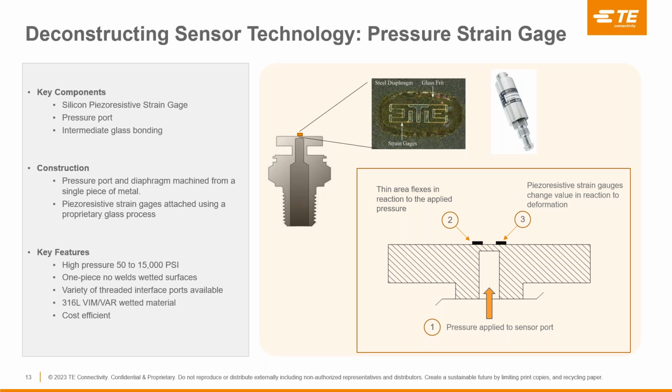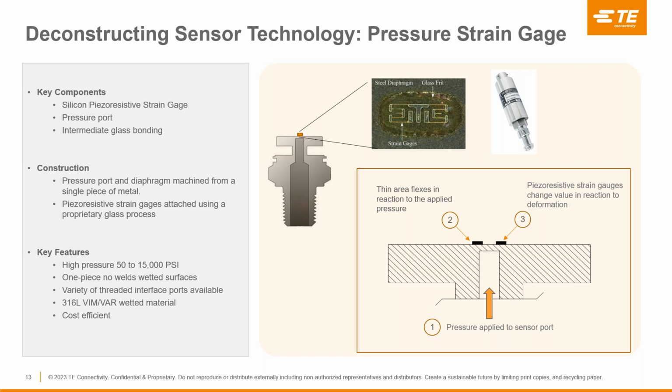The key components to a strain gauge pressure sensor are first, the silicon piezoresistive strain gauge. Also, we have the pressure port and an intermediary glass bonding layer. In the construction, the pressure port and its diaphragm are machined out of one single solid stainless steel block of material.